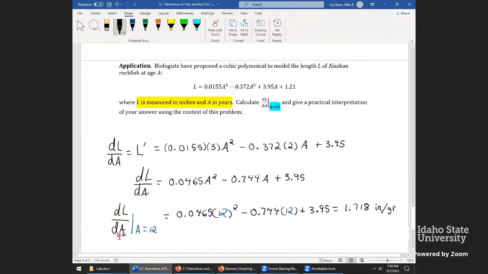That's the second way Leibniz notation is really helpful. It tells you the units immediately. So from here, we had L in inches. From here, we had A in years, and that's why we get inches per year. So that kind of setup will work each and every time we do this kind of process in Leibniz.